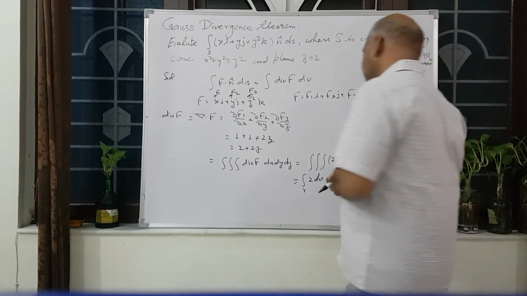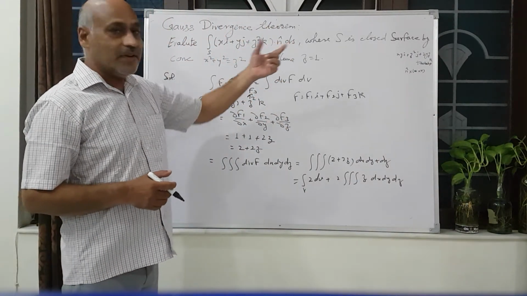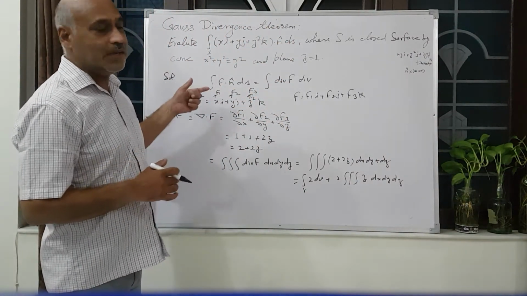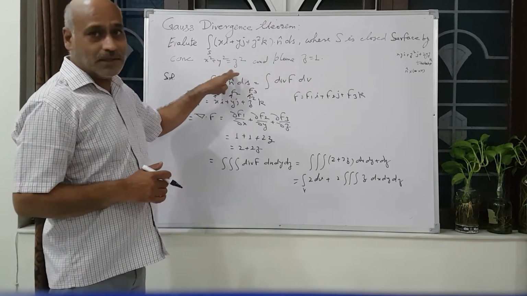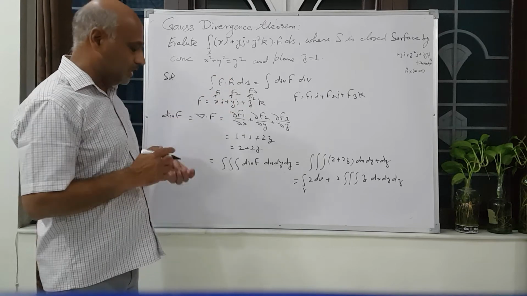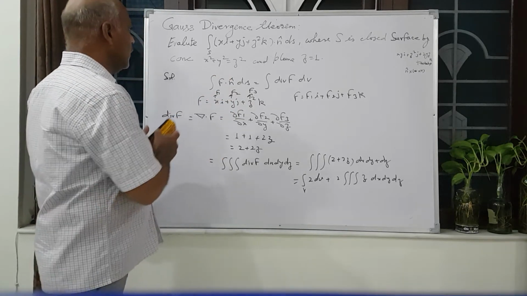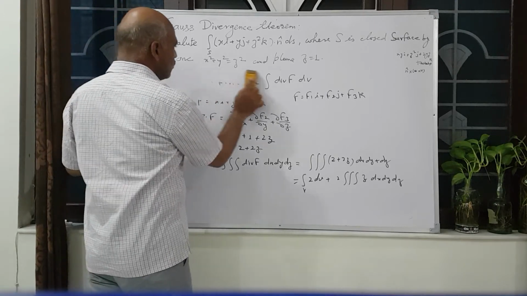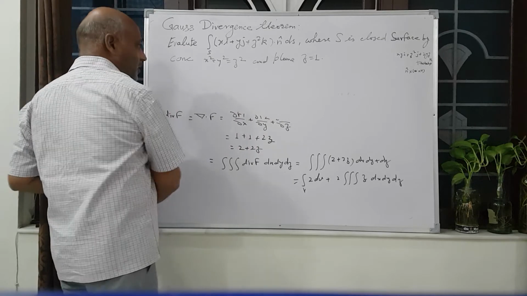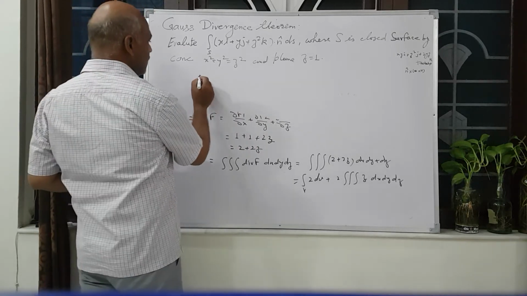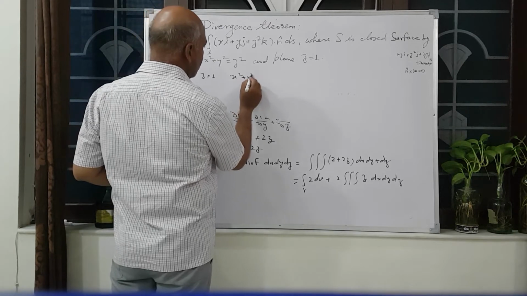Now the values here: the surface is bounded by this cone and this plane. If you put z equal to 1, this plane cuts the cone at z equal to 1. Putting z equal to 1 gives x square plus y square equals 1.